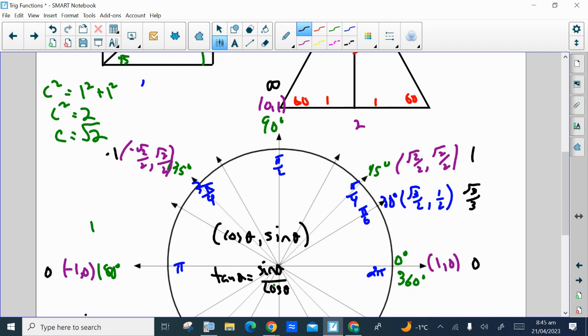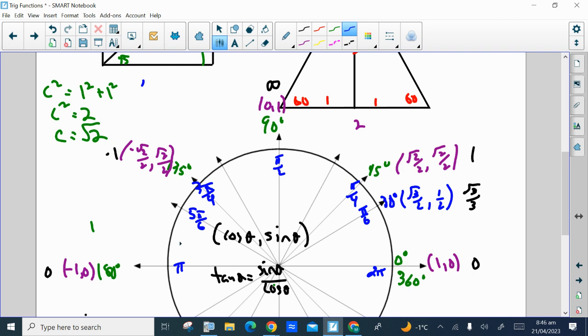So every stop on here that has a denominator of 6 will be another spot where we'll have those same two numbers. All that'll change is whether the values are positive or negative. So this stop down here will be 5 pi on 6. It's 1 pi on 6 short of pi, which is 6 pi on 6.